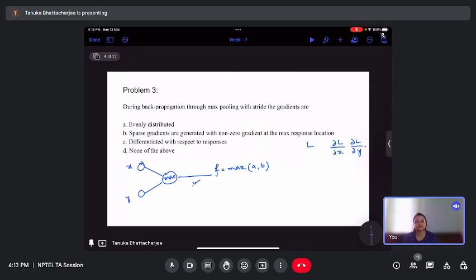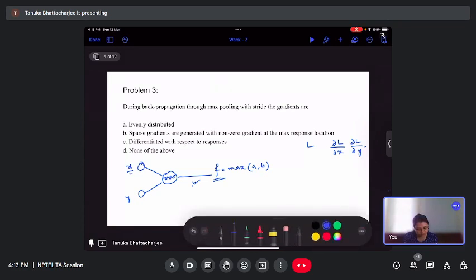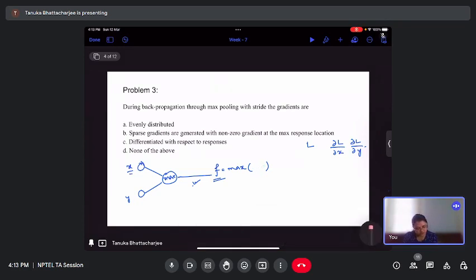Now, x is not directly related to L, right. So, x gives rise to f. F is the predicted value, you can say, and you are comparing that with your target value to get the loss. So, basically your loss is a function of this f, and this again is a function of x. Sorry, I have written here a and b, this should be x and y.